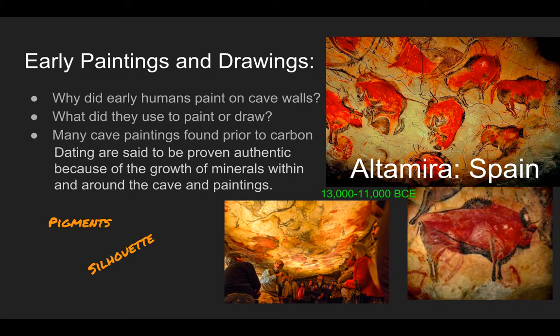The theories are, again, mere decoration. Many paintings are inaccessible, so that leads them to believe that early humans believed that by painting these, it was magical. It kept the beasts under control.